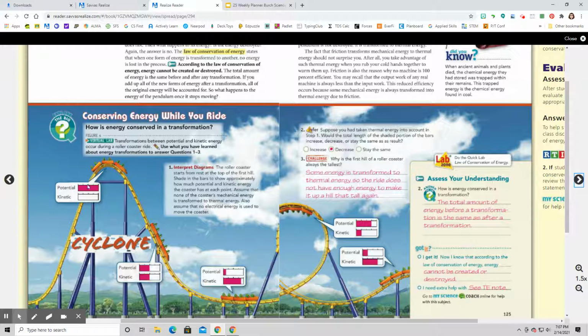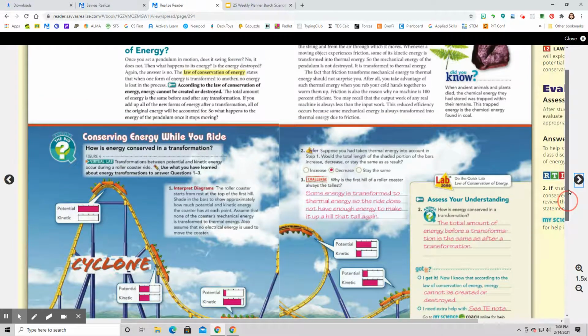And we talked before that however much potential energy the cars have in this first hill, that's how much energy total they have to get through the whole track. So you can't have any more potential or kinetic when you add them together than this amount of potential that you start with initially.